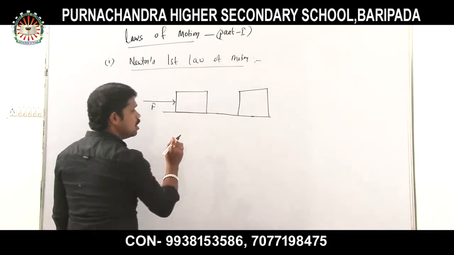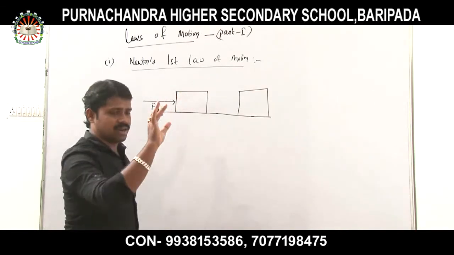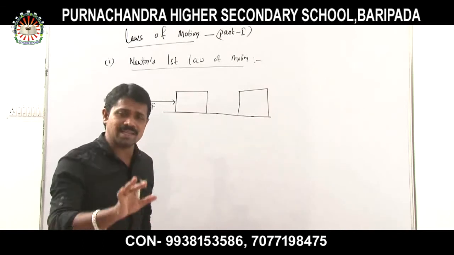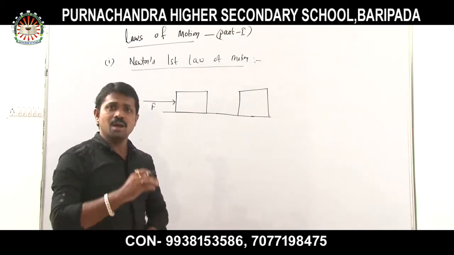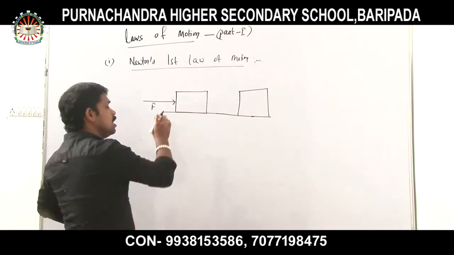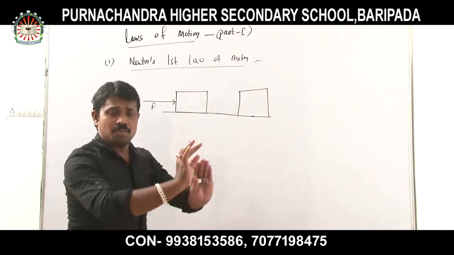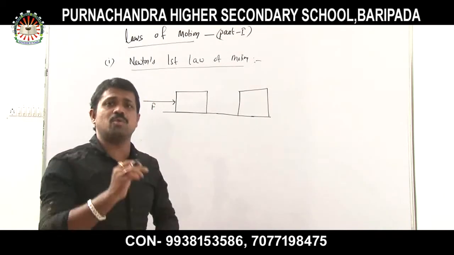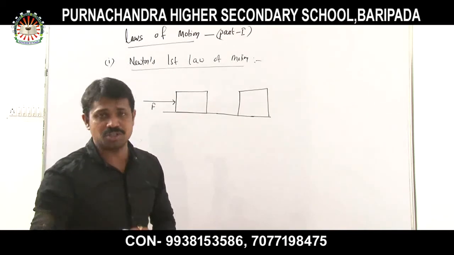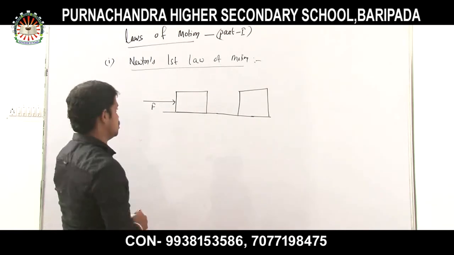Again, without application of a force, if the object is at rest, it remains at rest. It will not move. But if the object is in motion, then it will continue its motion with uniform or constant velocity.